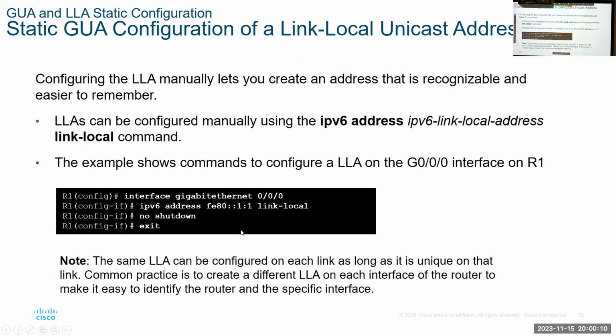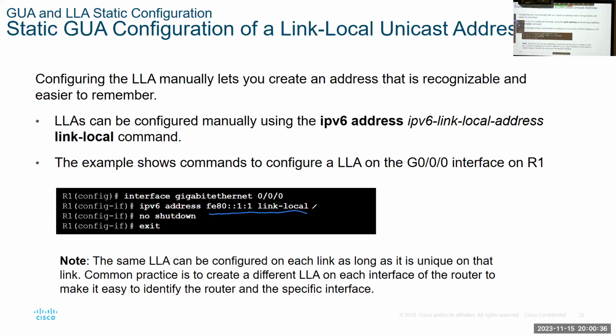To configure a link local address, you have to actually say link-local at the end. To me, they could have, if it starts with FE80, it's a link local address. I'm not really sure why a Cisco router requires the keyword link-local, but it does.